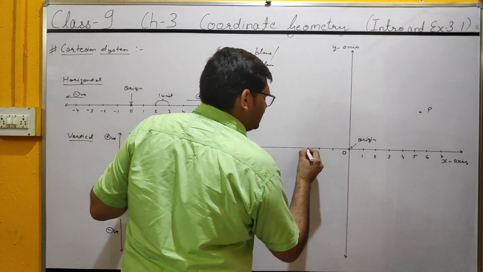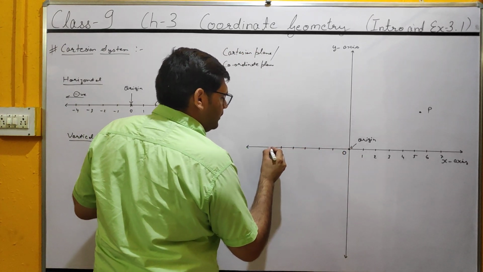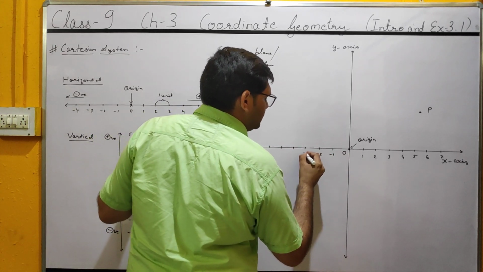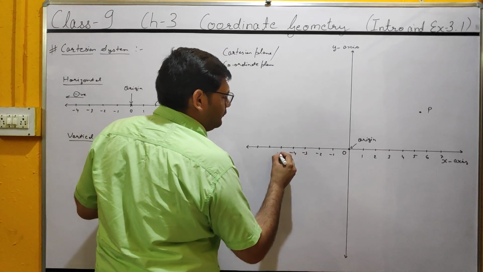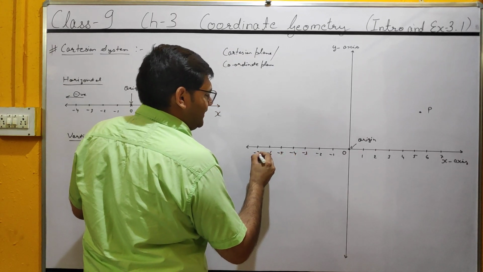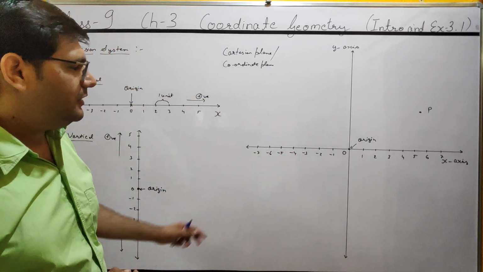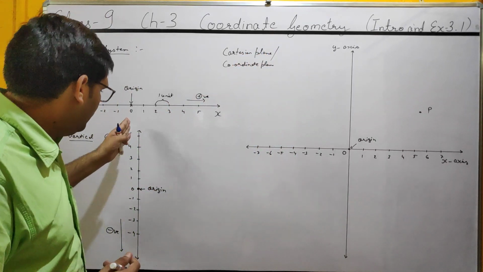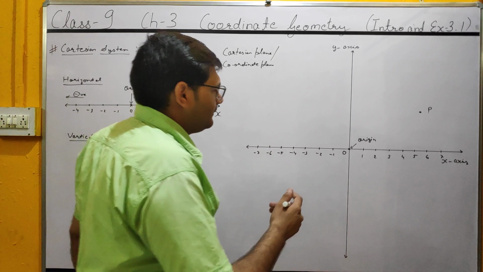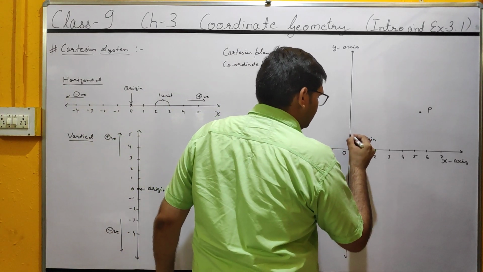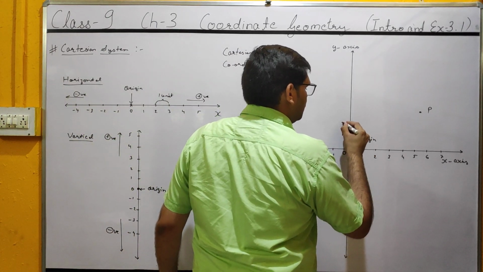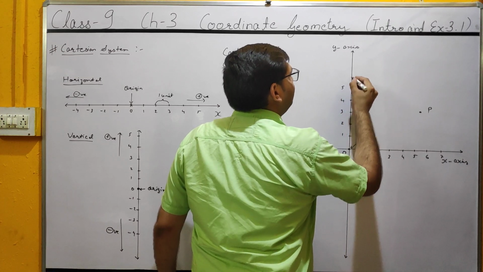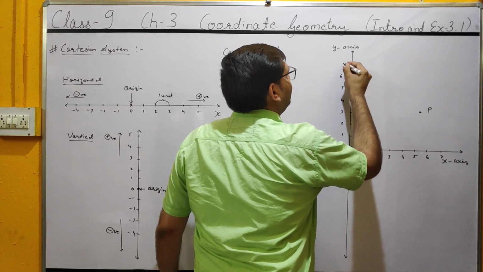So we need to take the distance the same. If you draw it on a graph, you will get the exact -2, -3, -4, -5, -6, -7, and so on. And if we talk about the y-axis, that is our vertical line, here 1, 2, 3, 4, 5, 6 and 7.